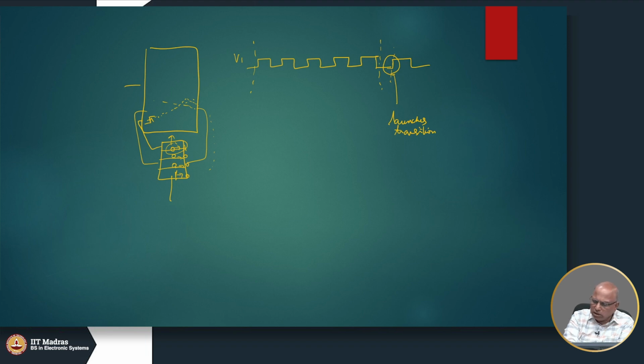So initially this capture launches a transition, meaning V2 got applied, and then immediately afterwards, we have to apply what is called a fast transition.